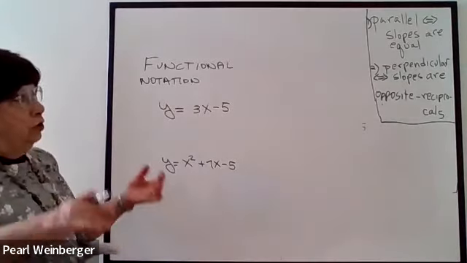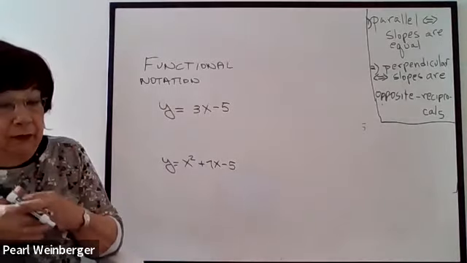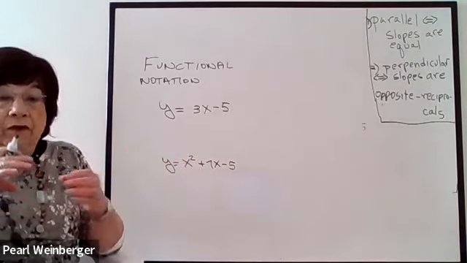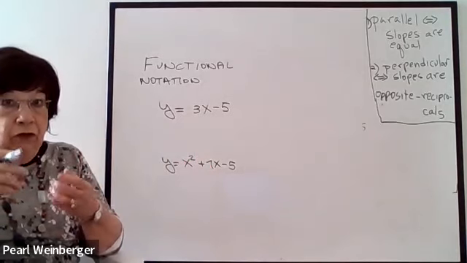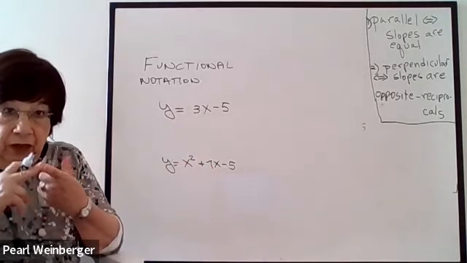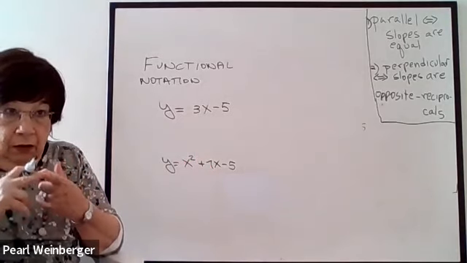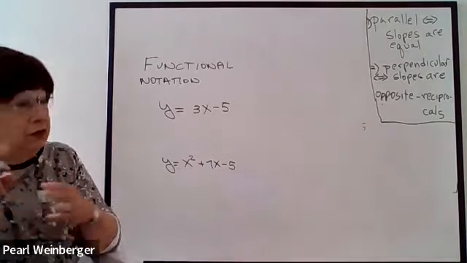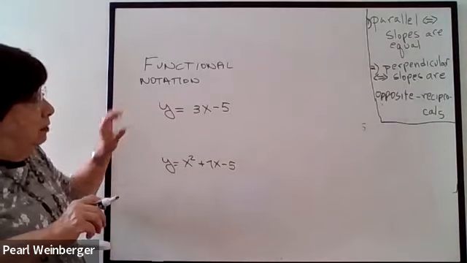But just remember what these types of equations are doing. They're giving us a way of, if you know what the x of the point is, figuring out what the y of the point is by sticking it in the equation.